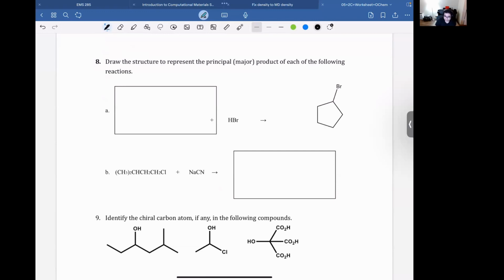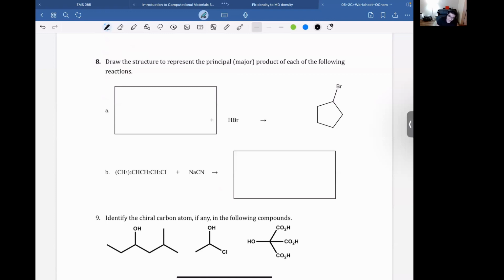For this class, you only need to know the addition reaction, where you have a double bond and you add HBr, and it gets rid of the double bond and you get the bromine going on there. We call this the Markovnikov rule in organic chemistry for addition reactions. I don't think that's something you have to know. Maybe it is. But if you see an HBr, you can assume that there's going to be a double bond somewhere for this class.